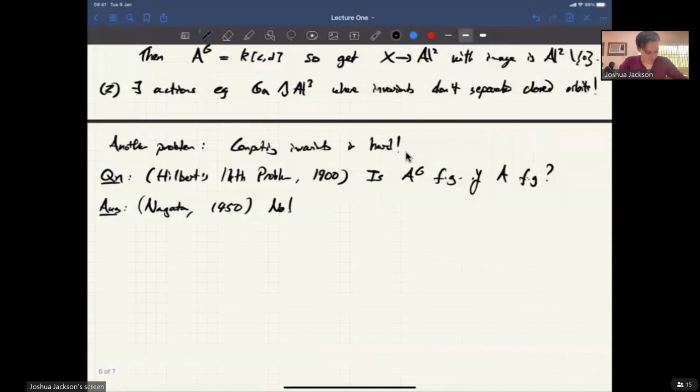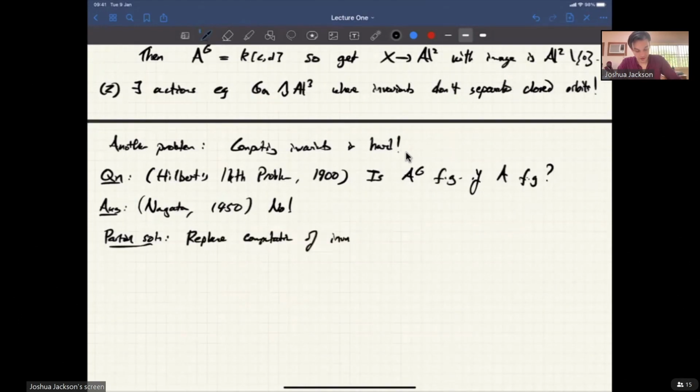Okay, so a partial solution to this problem of computing invariants being hard is to replace computation of invariants with representation theory.